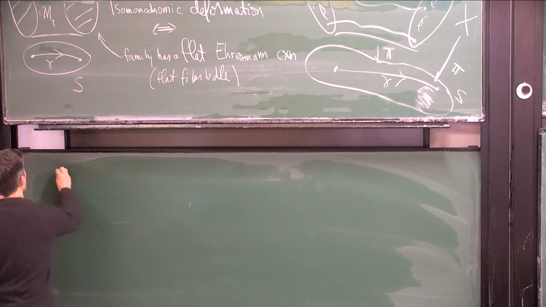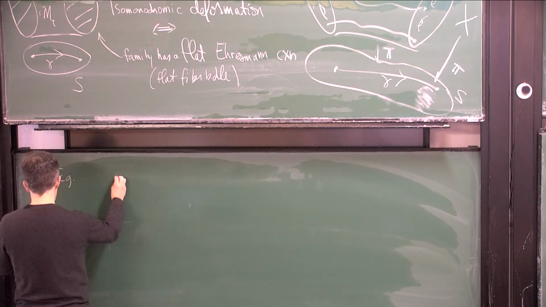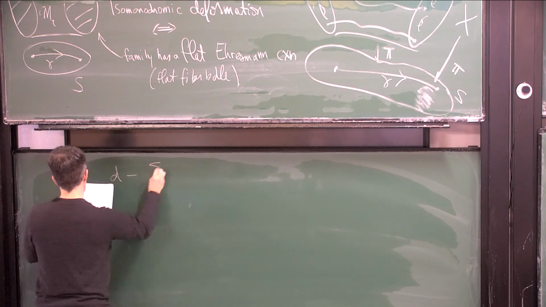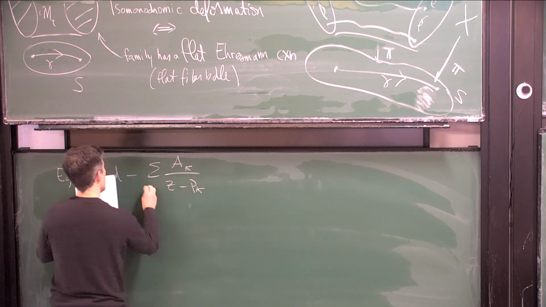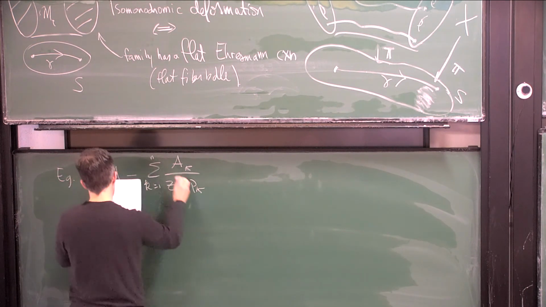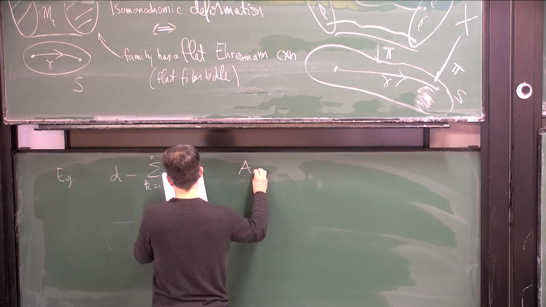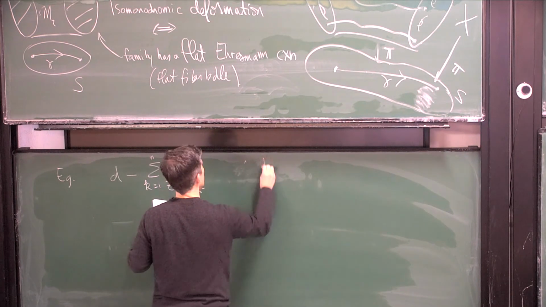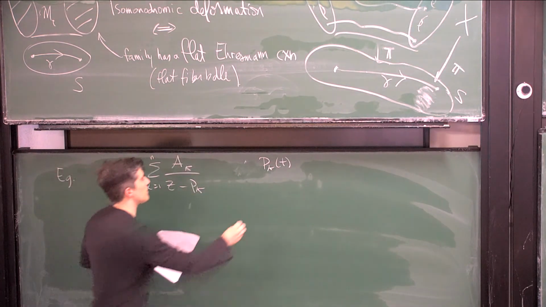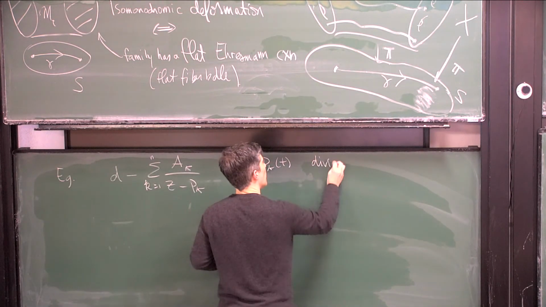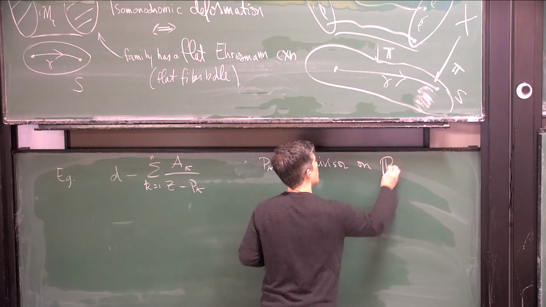So, for example, if we have a family D, this is the famous example, k equals 1 to N, where p_k of t is, let's say this is a divisor on P1.